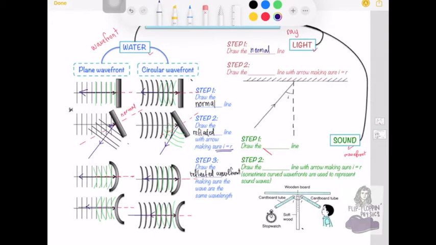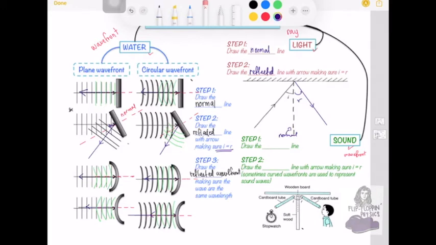Sometimes in an exam or in a question it is not given to you and you have to draw it yourself. So this is the normal line here, the dotted line. Then you just have to draw the reflected line by making sure that i is equal to r. Use a protractor.